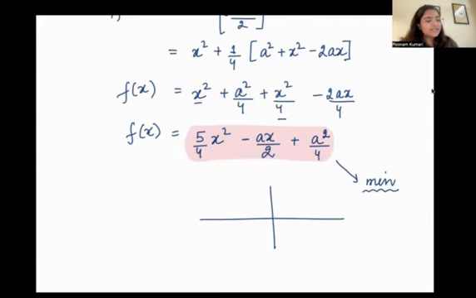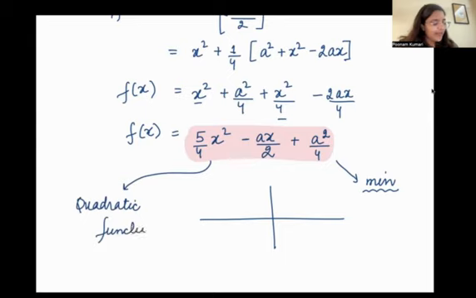So basically, this has become a quadratic function now, a quadratic polynomial, right? And the coefficient in front of x square is positive.